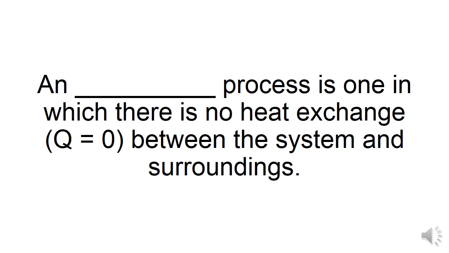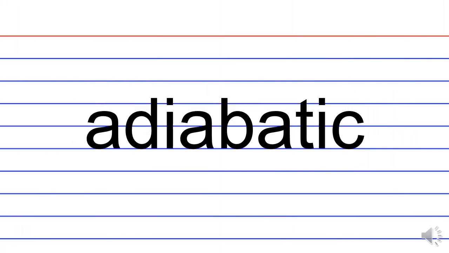What type of process has Q equivalent to 0 or no heat exchange? All right, this is a weird word, has a lot of vowels. It's an adiabatic process. So for an adiabatic process, the Q term in the first law goes to 0, okay? And all you have left is delta U equals W.